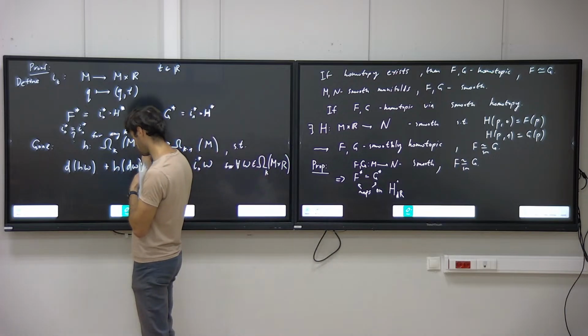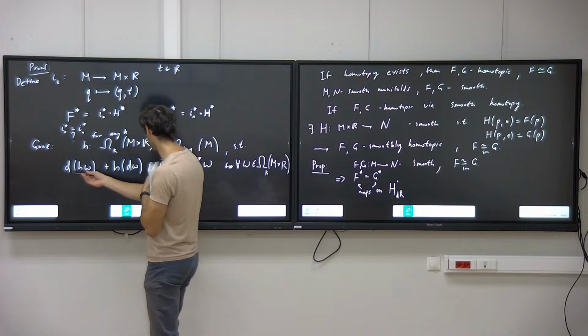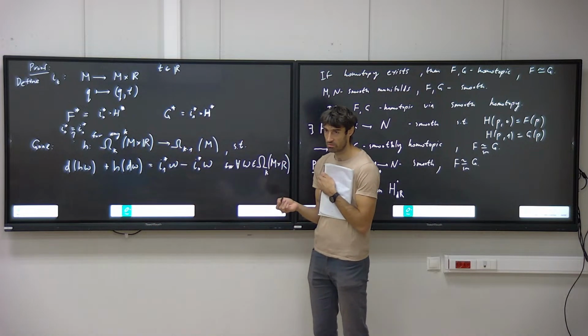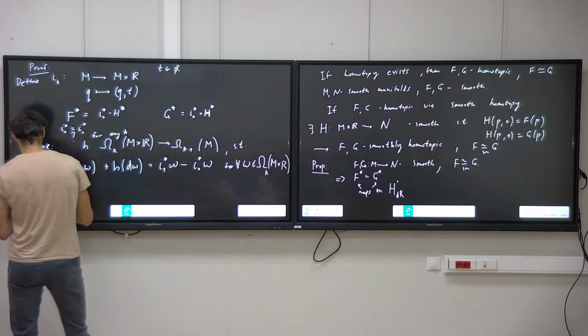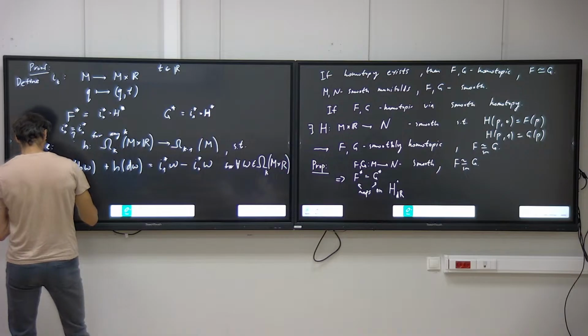And then therefore modulo boundaries, this is 0, right? So then we are done.